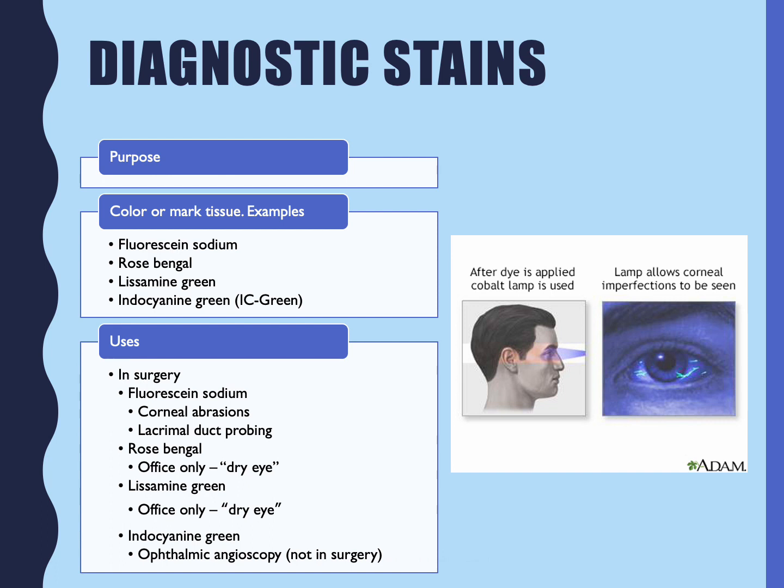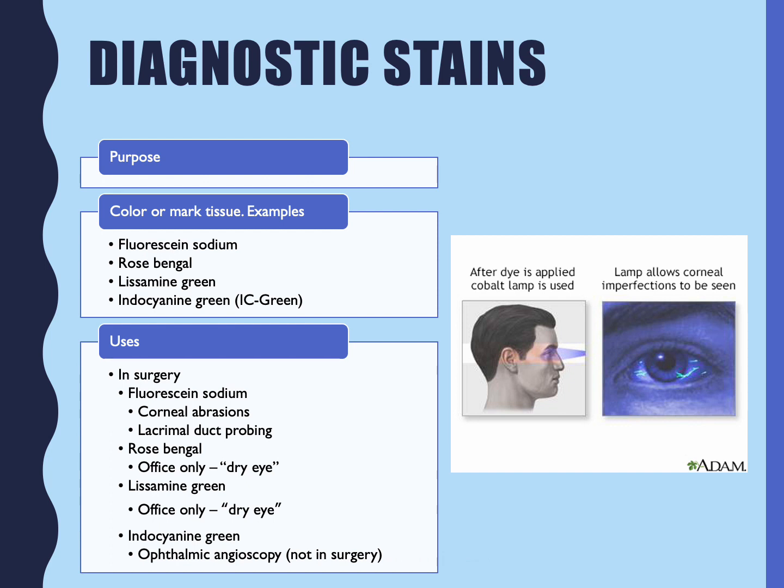Rose Bengal is an even better staining agent for devitalized tissue, and it's used primarily to demarcate the devitalized conjunctival epithelium seen in dry eye syndrome. And lissamine green is pretty much like Rose Bengal.